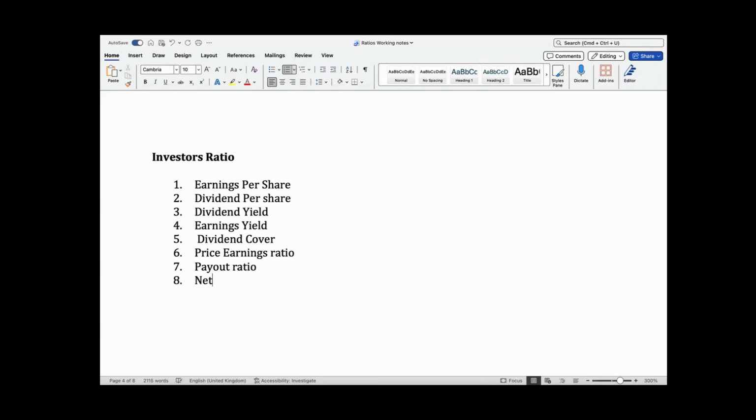I've seen a question ask you net asset per share before. There's nothing special there.